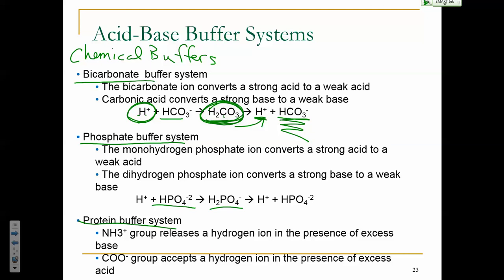And then the protein buffer system, I love this one. It's neat. Every protein in you can act as a chemical buffer because, remember, proteins are made up of long chains of amino acids. And do you recall that on one end of an amino acid you have an amine group, the NH2, and the other end is a carboxyl group, that C double bonded to an O and then to the OH.